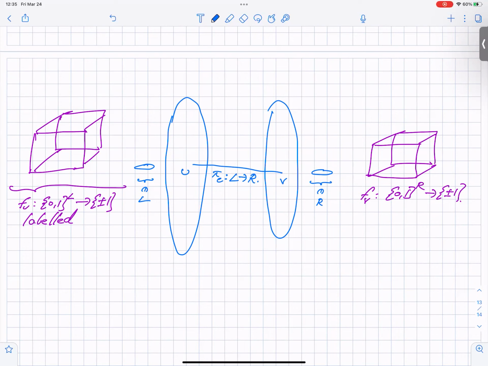In the long code way of writing it, each x is actually a function, but in the BLR way of writing it, the dictator way, it's just a string of length 0, 1 to the n.